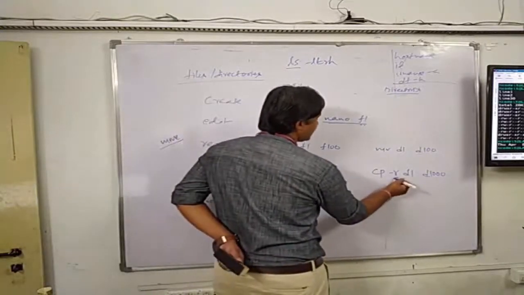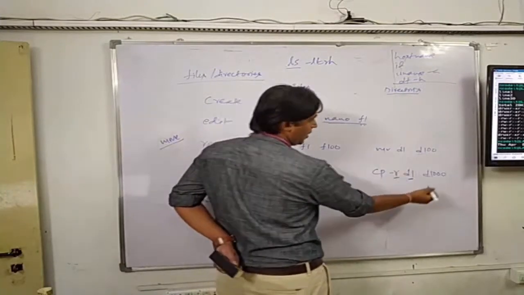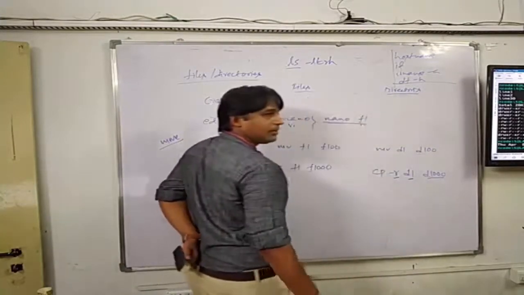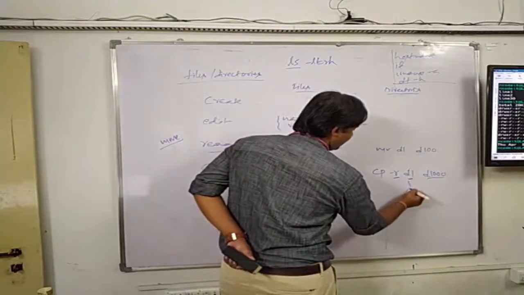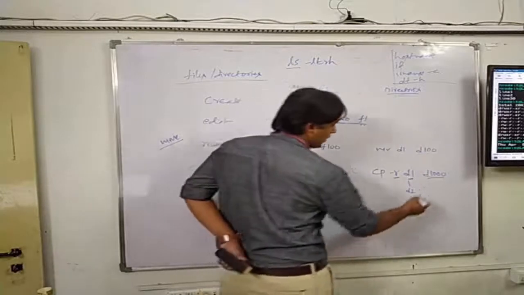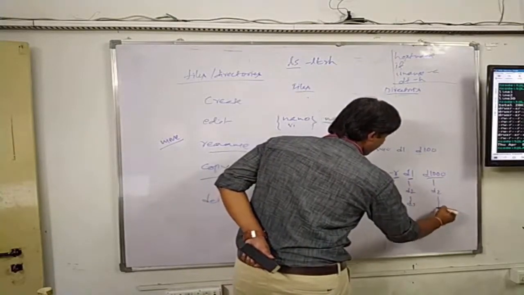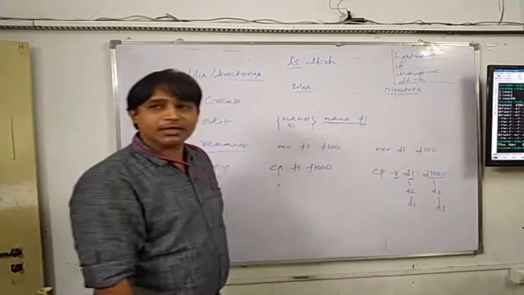Recursive copy means D1 and all the sub contents of D1 are copied into D1000. So if you have D1, D2, D3 as your original directory, in D1000 the same structure gets created.